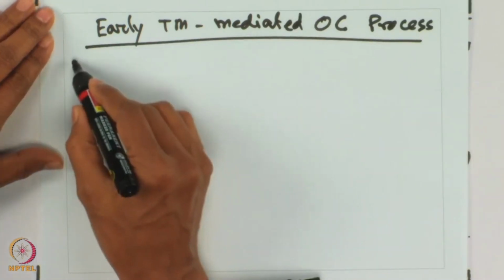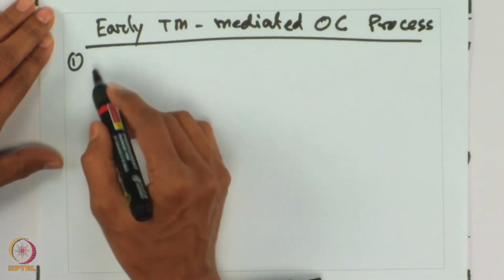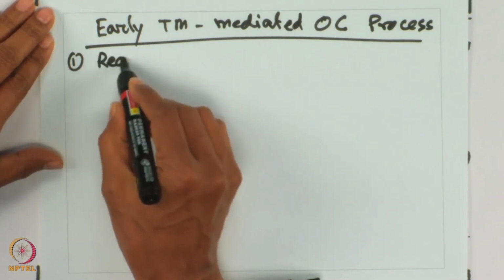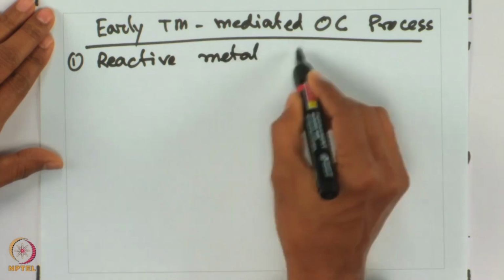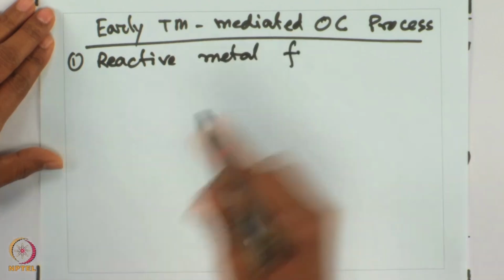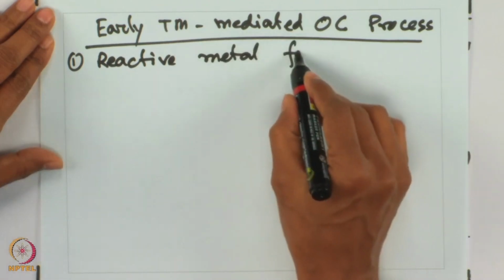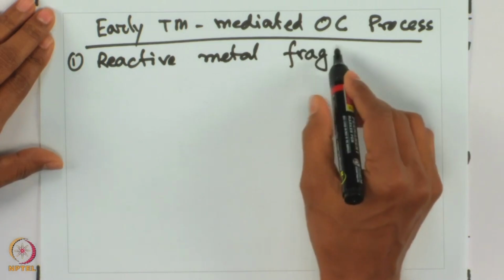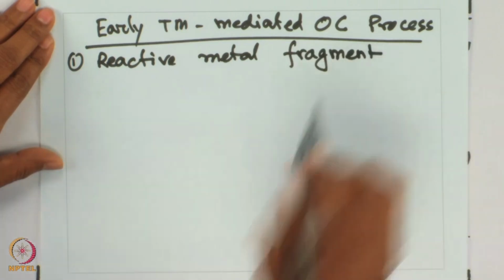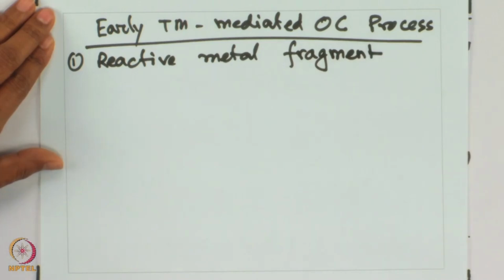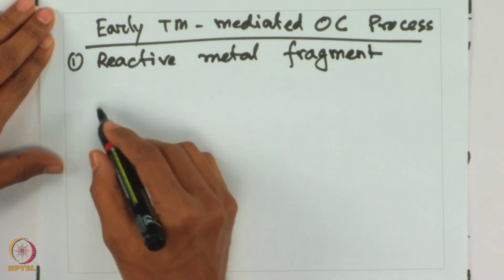Well, first we will deal with the reactive metal fragment. In this process, we will see that an alkyne is reacting with, for example, another alkyne to give you the metallocyclopentene intermediate.